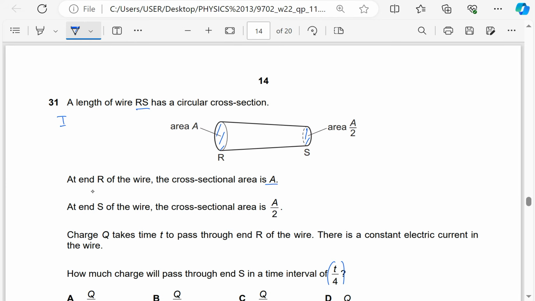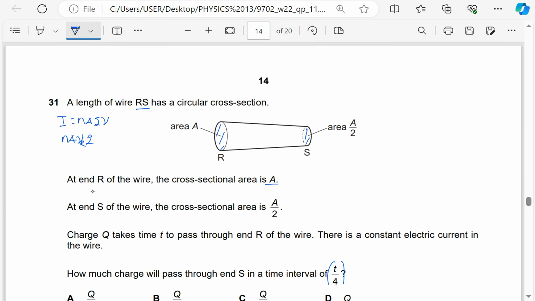I know that current equals N A q times the drift speed. So on this side, N times the cross-sectional area A times the drift speed, which I will call VR, gives NAVR times the charge, let the charge on this side be small letter q.